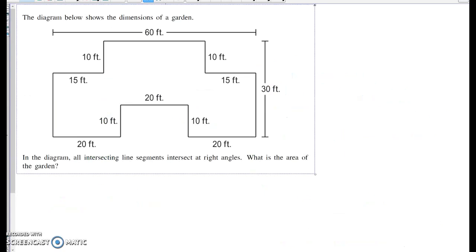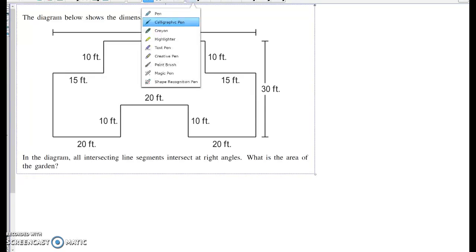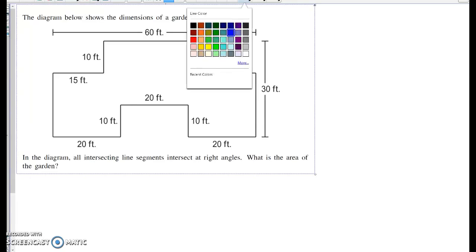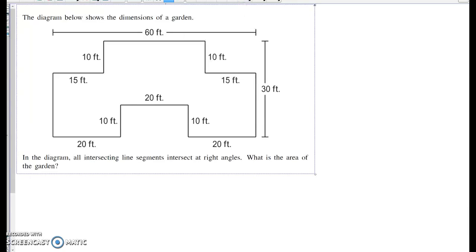All right, here's another example from the MCAS. And again, this is another one that can be solved by cutting the problem into rectangles. Now here you have some choices.